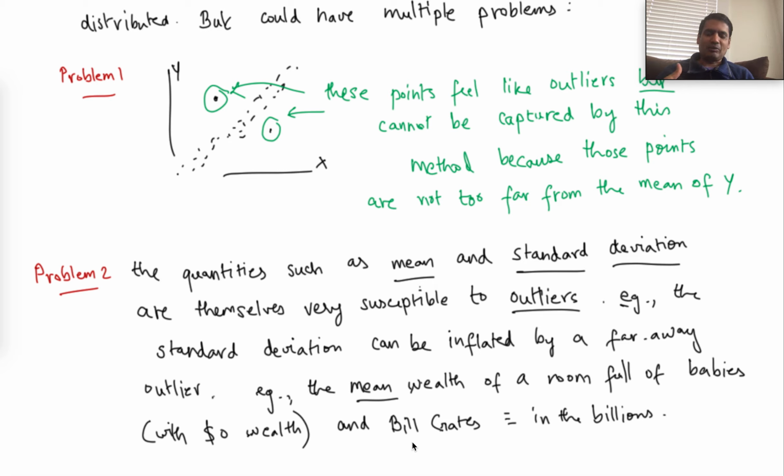The mean of the wealth of the people in the room is now going to be in the billions, if there are 10 people in the room, let's say, which is completely unrepresentative of the typical quantity, right? Which is what we want to capture with the mean. Similarly, the standard deviation will be in the billions as well. So just using means is a bad approach to anything to do with outliers.